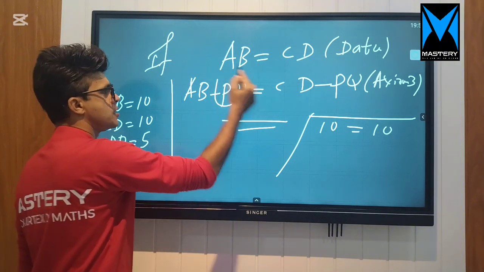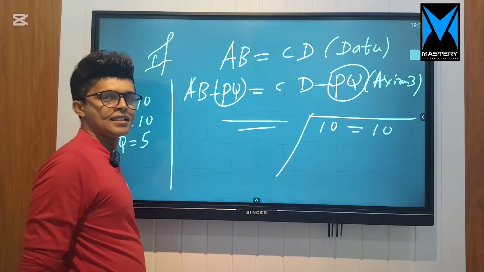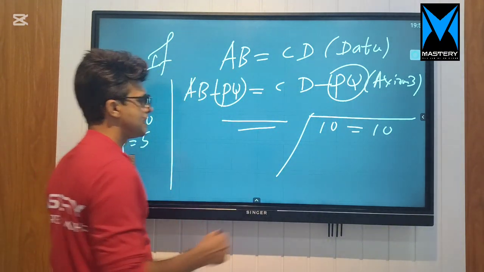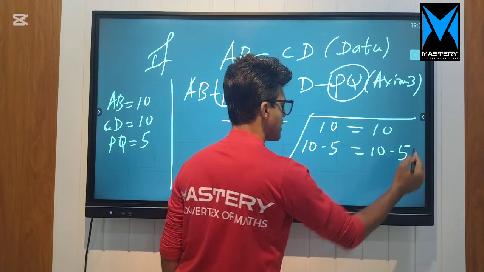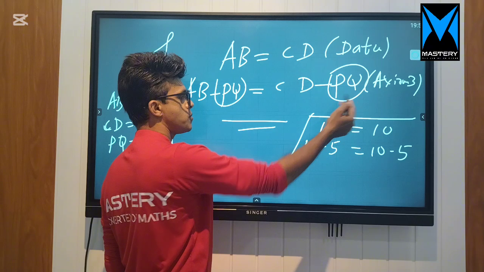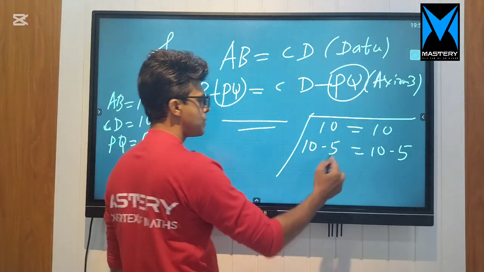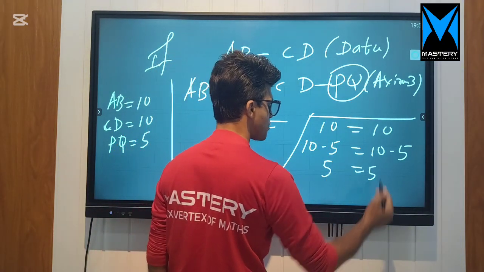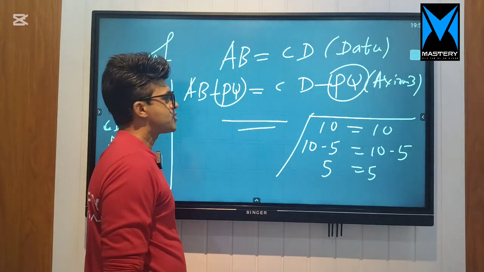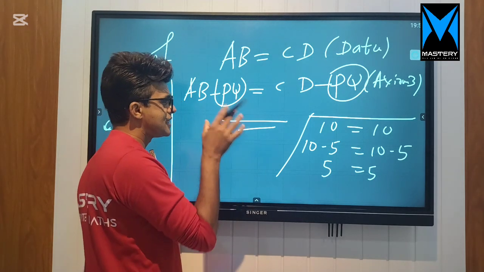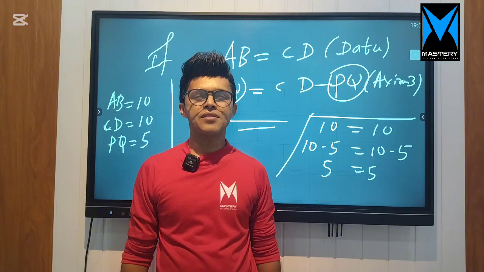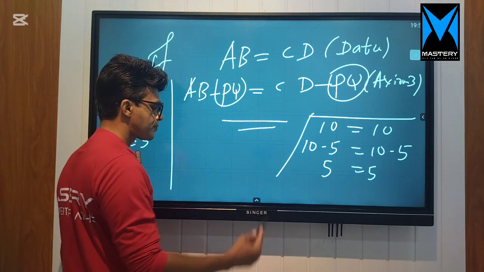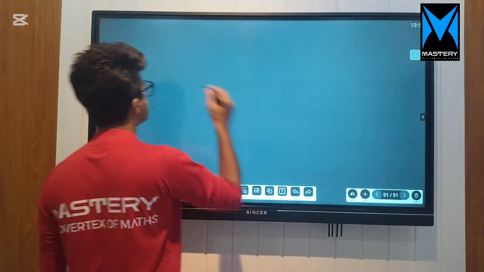Here I subtract 5 from both sides. Then 10 minus 5 is 5, and 10 minus 5 is 5. So 5 equals 5. Likewise, this is the basic idea. This is a very easy lesson, right? So think of this one.